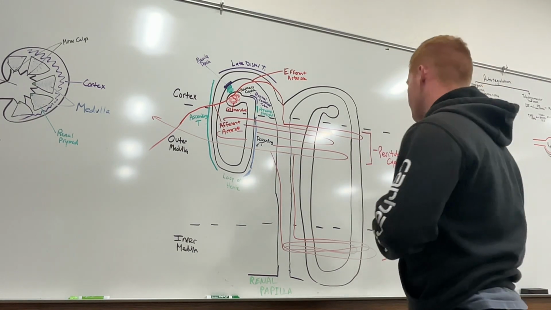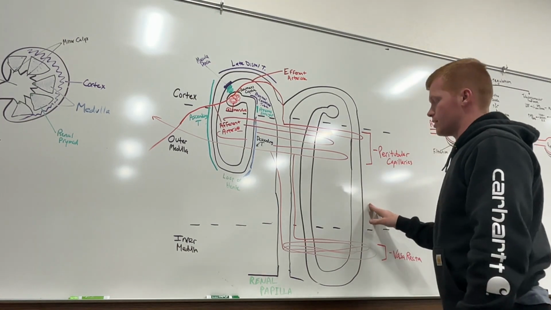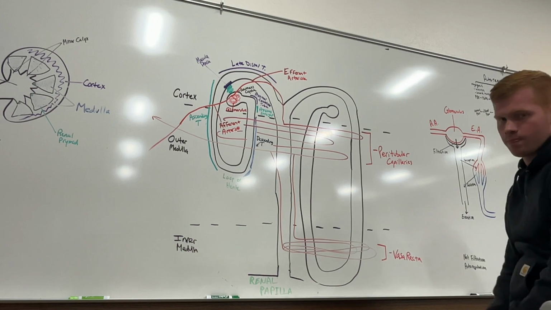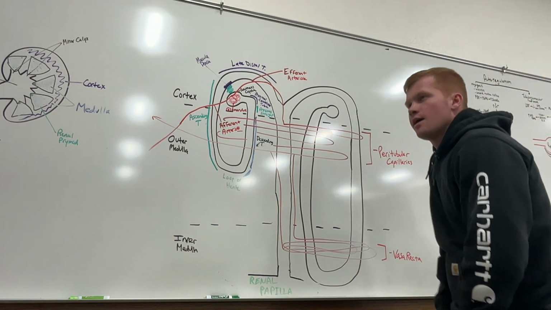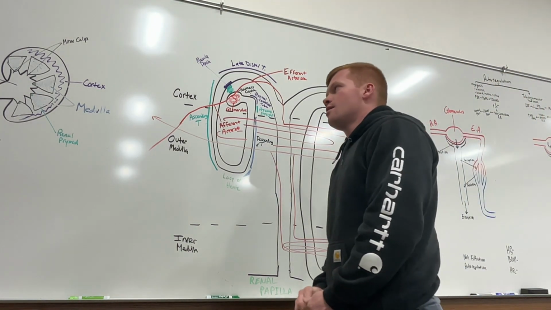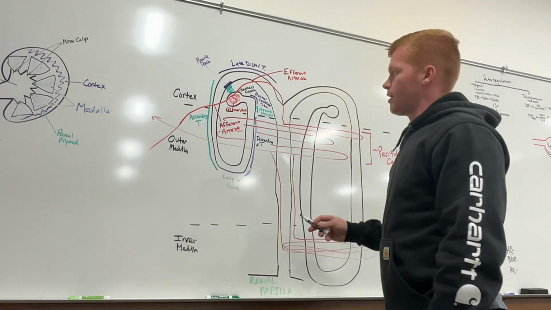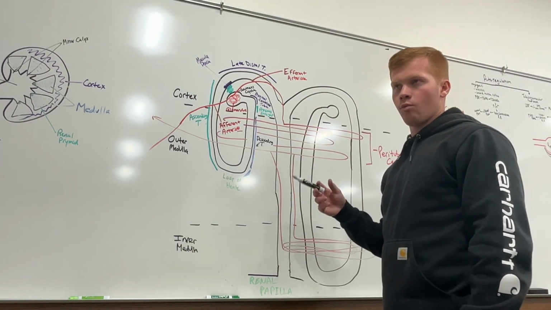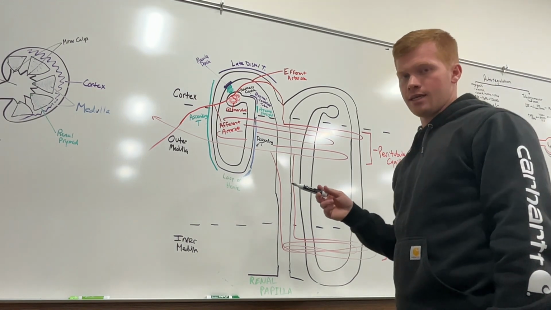The only difference for the juxtamedullary is its loop is a lot longer. And I'm trying to remember exactly, I think the cortical nephron is a lot more abundant within the kidney.